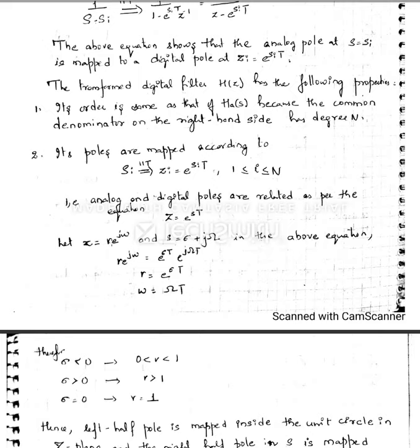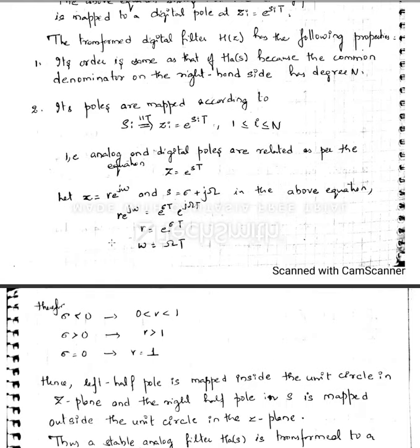Now assuming z equal to r e to the power j omega, if you remember, in the bilinear transformation also we had taken some values of r and seen which particular value lies inside the unit circle, outside the unit circle, or exactly on it, with respect to r greater than 0, r less than 0, r equal to 0. The same thing we have done. So this equates the relationship between your analog frequency and the digital frequency.